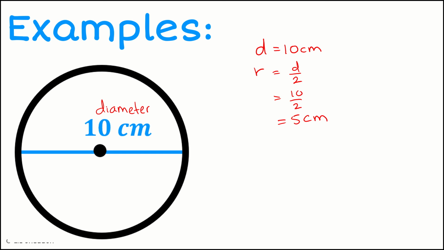Now that I have that radius, I can calculate my formula for area. The area of a circle is pi times the radius squared. In this case it's pi times 5 squared, which will give us a value of 78.5 centimetres squared.